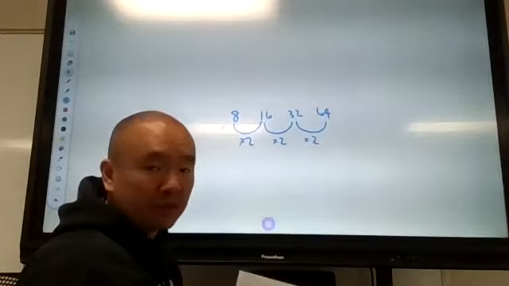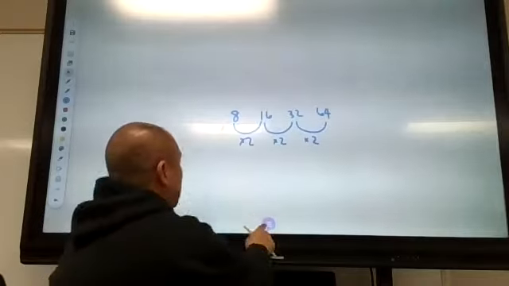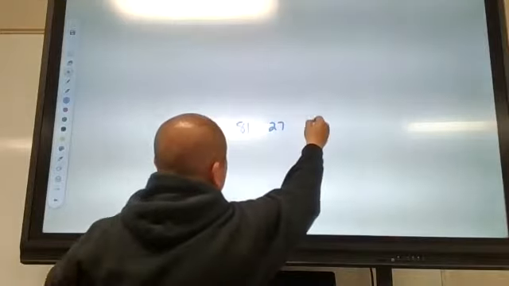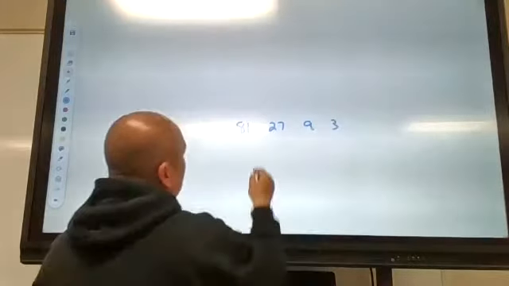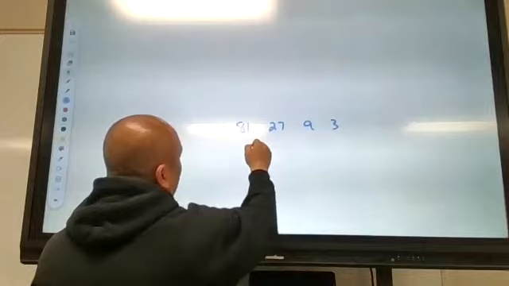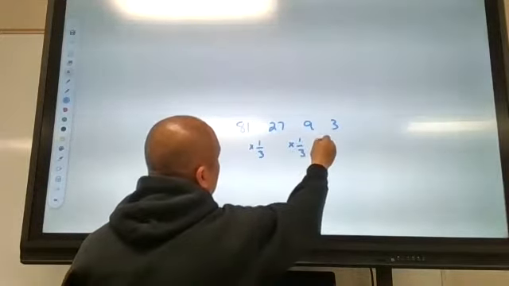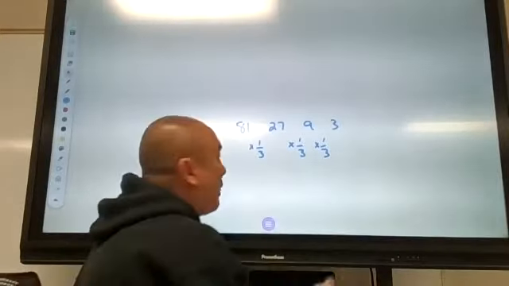However, if it's converging, let's say it was like one of the ones listed here. It was 81, then 27, then 9, then 3. Notice that we're multiplying by 1/3, and it keeps getting smaller and smaller.